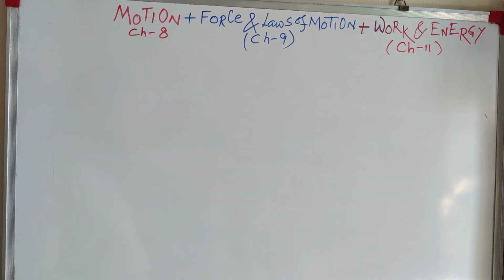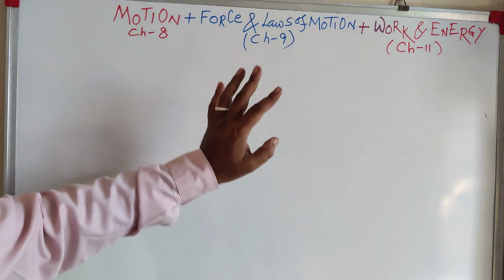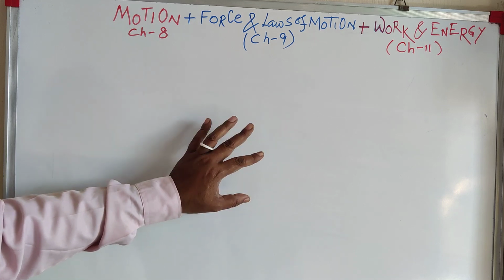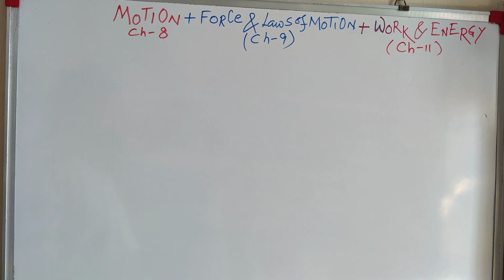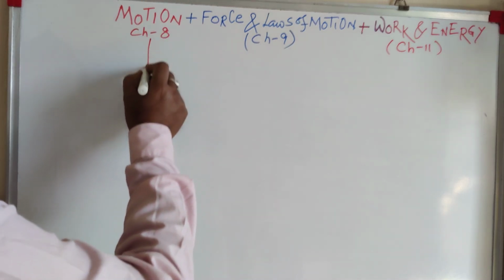Any object changing its position with time is in motion. Like this board: the board is fixed here, hanging. It is not changing its position with time, so it is not in motion.